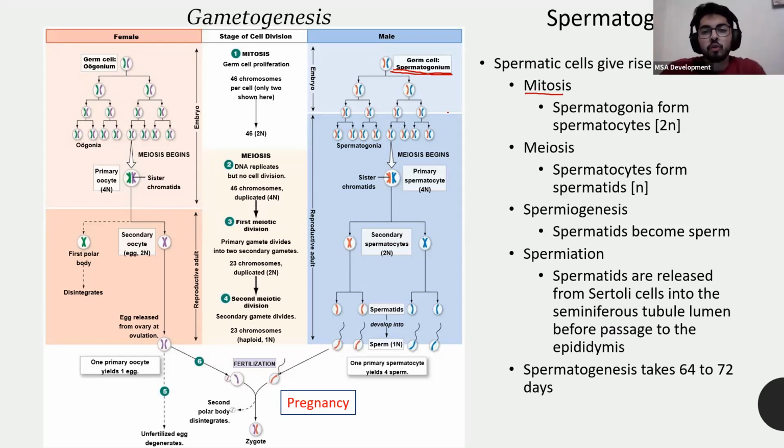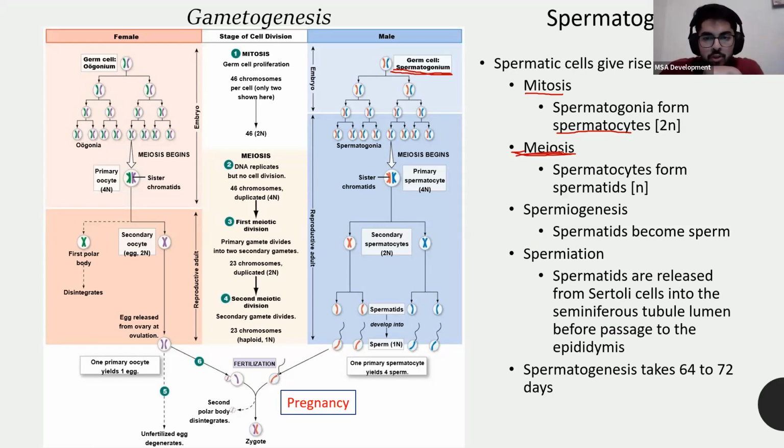But some of these spermatogonia start to differentiate into these cells called spermatocytes. And these spermatocytes are the first part of the following step, which is meiosis. So the next step is meiosis, and we just discussed that meiosis has two steps, meiosis 1 and meiosis 2.